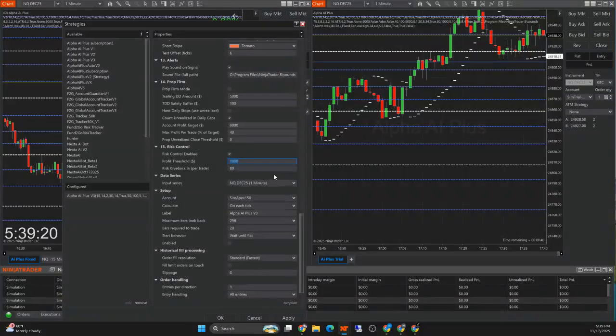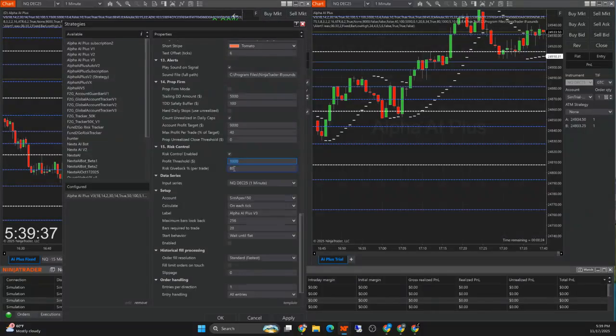So you can actually add the profit threshold, which means it will trigger once you reach this amount, in this case $1,000. And then you say, okay, I'm only going to give back 80% or 50 or whatever you choose.